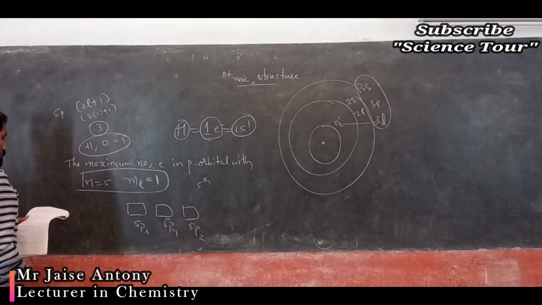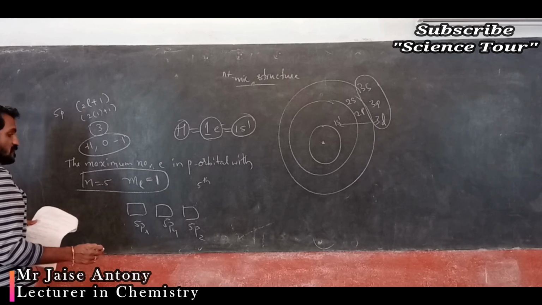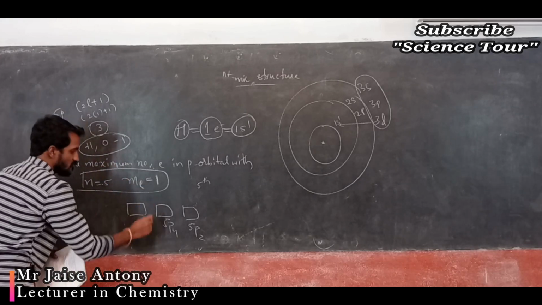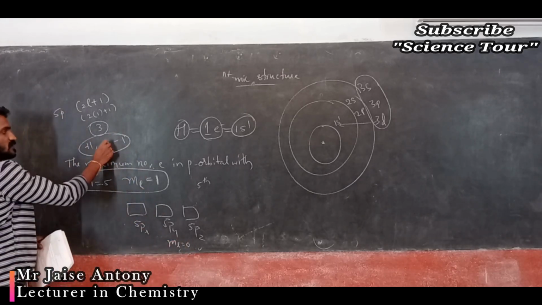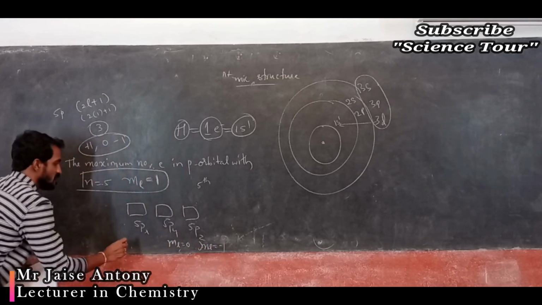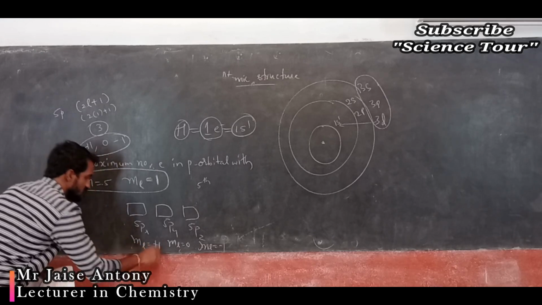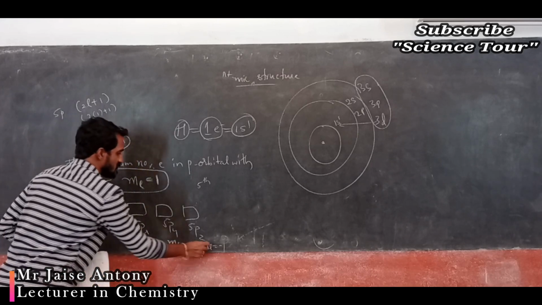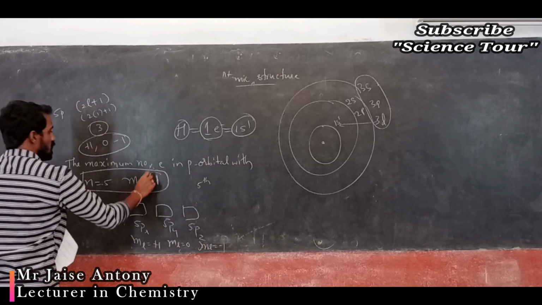In these p orbitals, for one the ml value is 0, for one p orbital the ml value is minus 1, and for one the ml value is plus 1. Understood? This is actually the orientation of the orbital. Here they ask us to find for ml value plus 1.